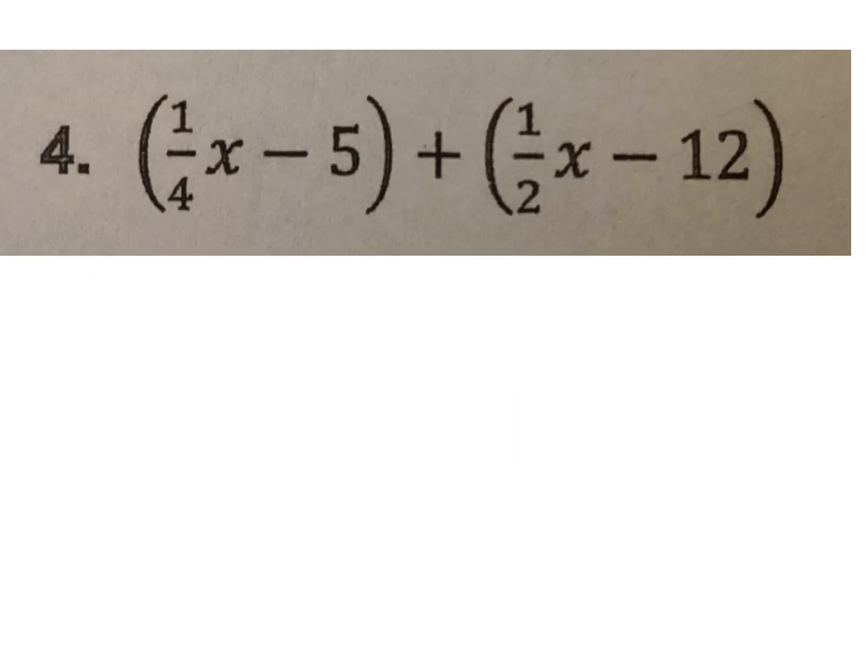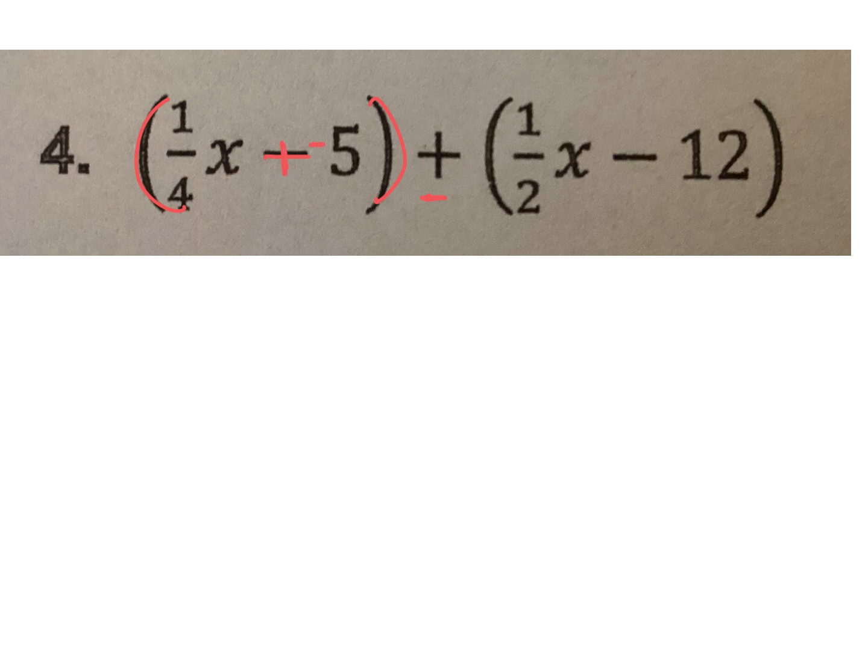Number 4 is where we're adding linear expressions. So it's nice that we have this add here, so we don't have to change anything. But we do have some subtraction in the parentheses. So 1/4 x, I'm going to add a negative 5.